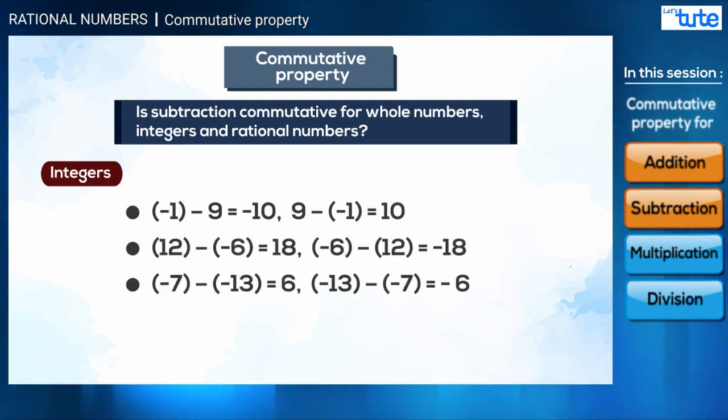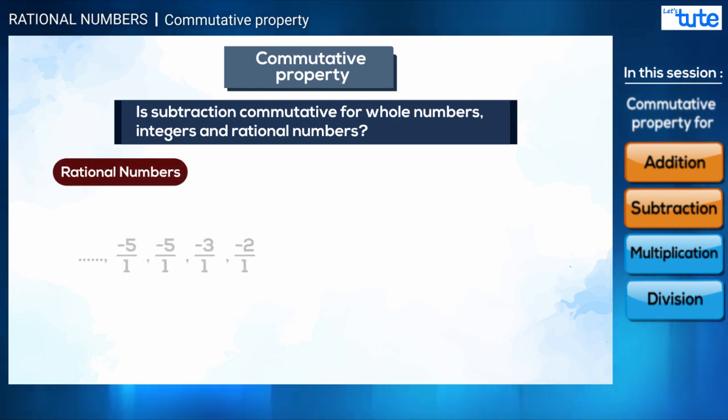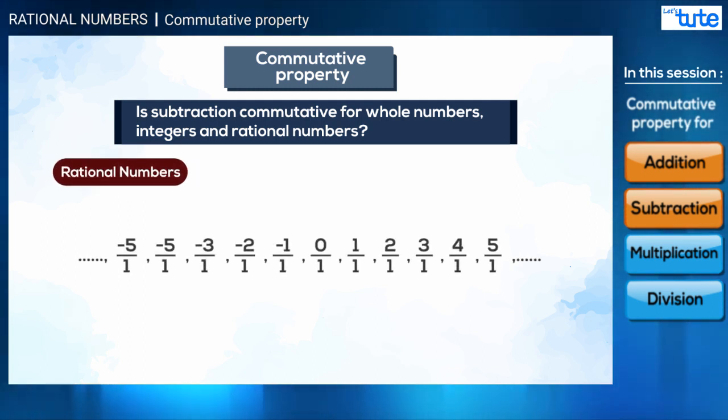For integers too, while performing the subtraction operation, if the order of numbers is changed, then the result also changes. Hence we conclude that subtraction is not commutative for integers. Let us now subtract two rational numbers and check whether subtraction is commutative for rational numbers.